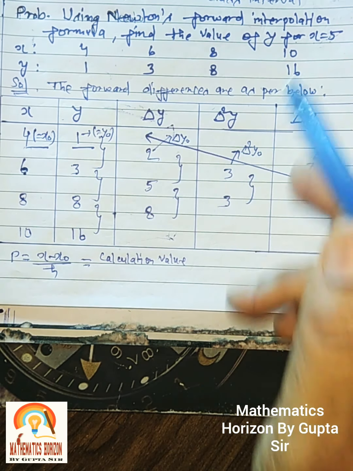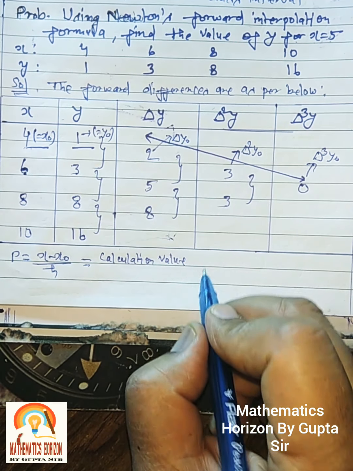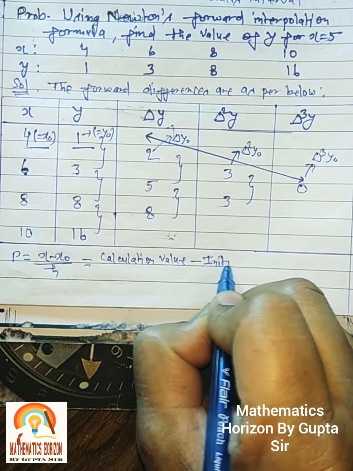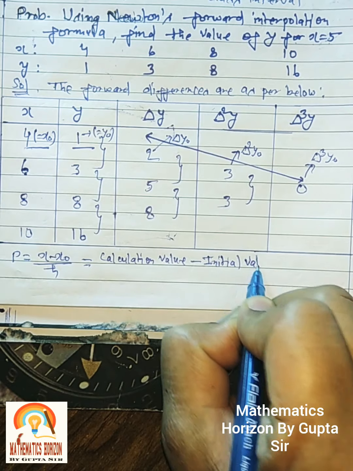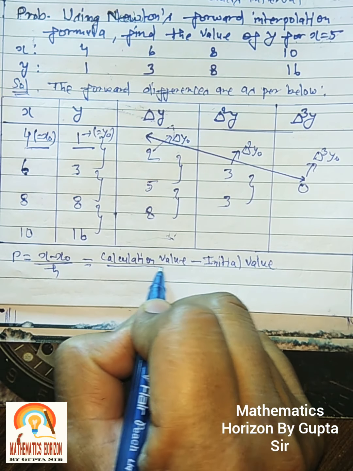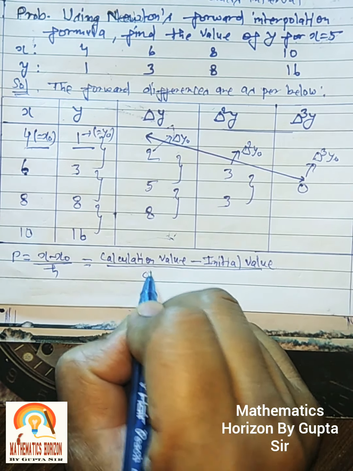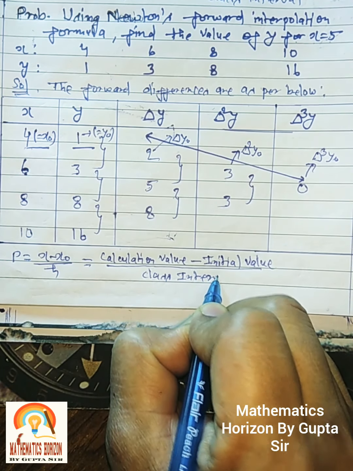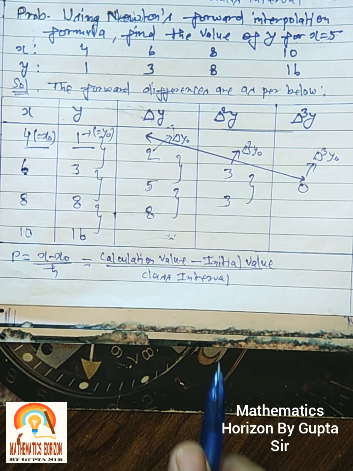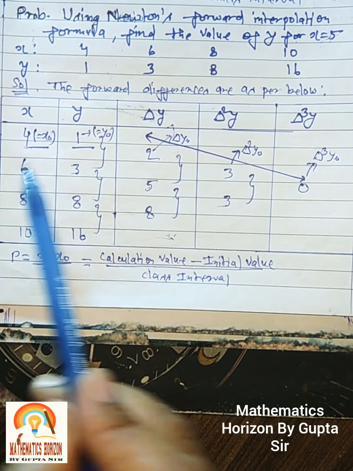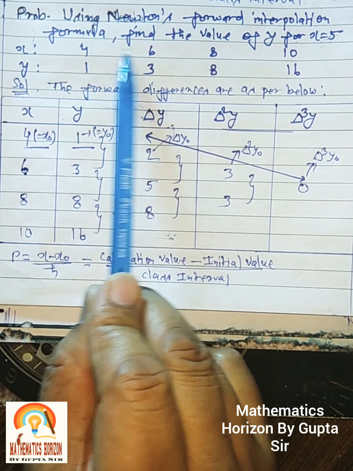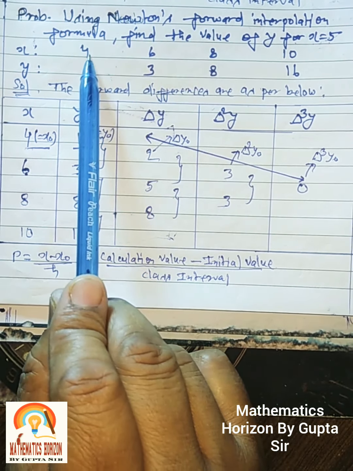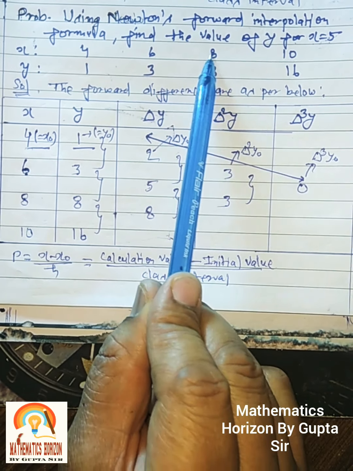Here x equal to 5, so the calculation value is 5 minus the initial value upon the class interval. What is the class interval? What is the difference? Here we have the problem in equal interval. The difference will be 4 to 6 is 2, 6 to 8 is 2, 8 to 10 is 2.